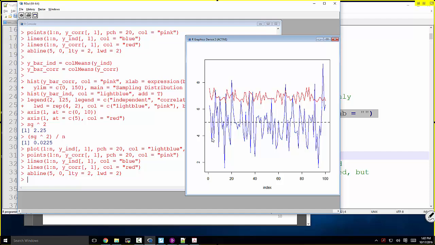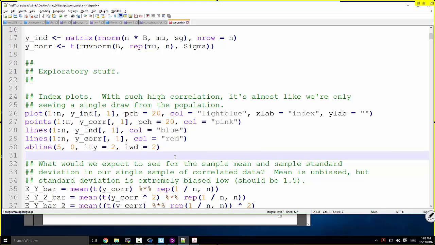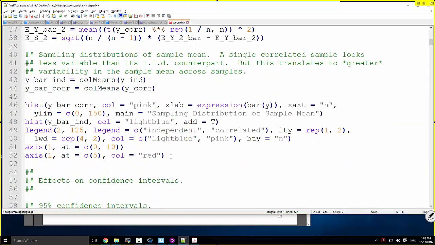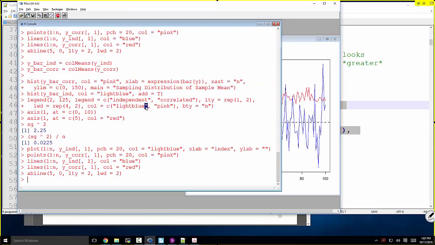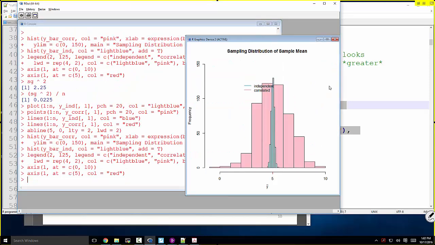And that translates to problems with the sampling distributions. If I did a regular t-test or t-based confidence interval when I had correlated data like this, it would be wrong. The standard deviations would be too small. We would have anti-conservative inference. I say it's a 95% confidence interval, but it may only be a 60% confidence interval.